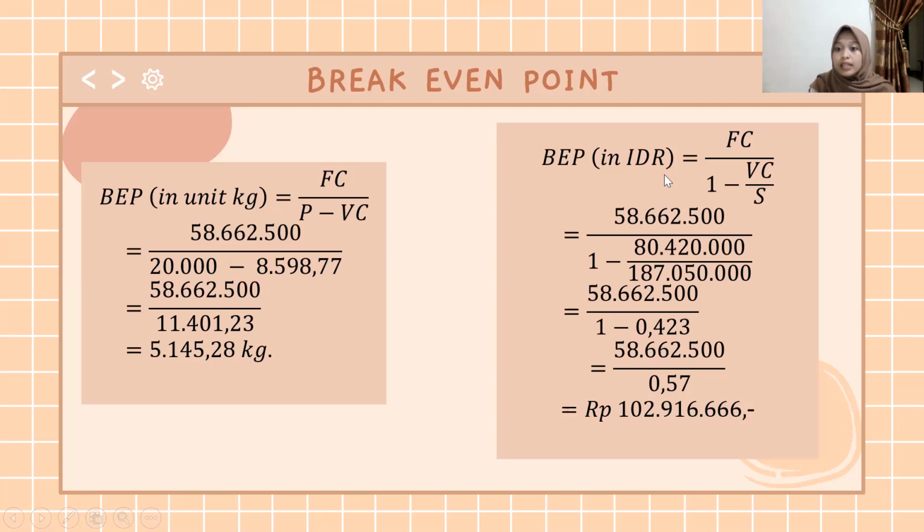And BEP in rupiah is equal to FC over 1 minus VC over S. We substitute the value of VC and the value of S, and then we calculate, and so we get the BEP in rupiah is 102 million and so on.